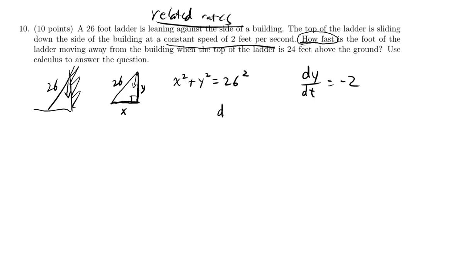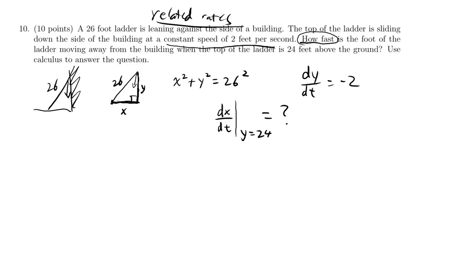It's asking how fast, what's the rate of change, dx/dt, how fast is the foot of the ladder moving with respect to the building. Its speed is measured by the change of this length x. So you should write dx/dt for all this, okay? And then when the top of the ladder is 24 feet, that means when y is equal to 24, what is this value? That's the question, right?